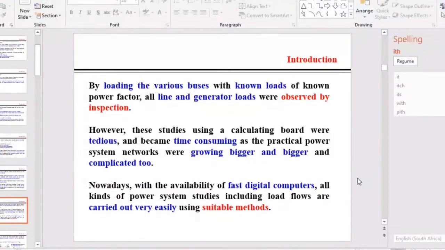Together with that, we use methods like those I gave you in your tutorial: Gauss-Seidel, Newton-Raphson, and fast decoupled method. We write codes, which are nothing but algorithms, and they give us the best solution in terms of the four parameters you must remember: active power, reactive power, voltage magnitude, and voltage phase angle.